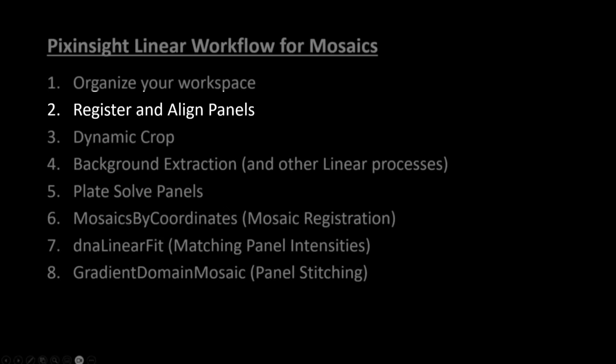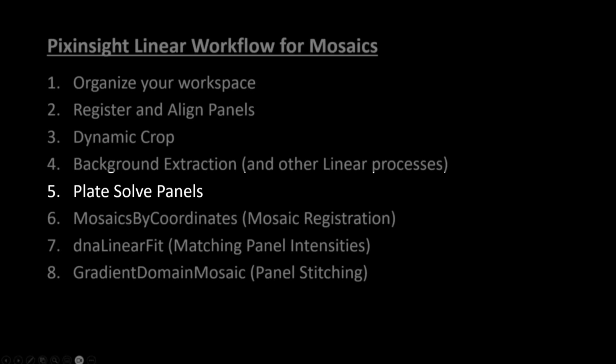Step 2, we're going to register and align the individual panels across the channels. Step 3, we're going to perform a dynamic crop on the panels across the channels. Step 4, we're going to perform our typical linear processes of background extraction and any other things that you like to do in advance of your image processing.